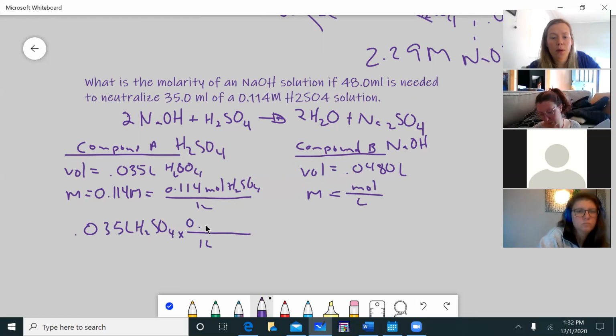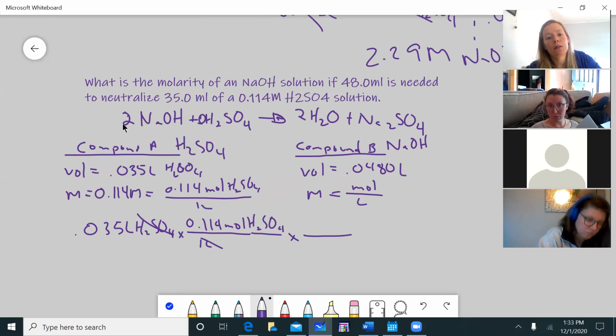So the 1 liter goes on the bottom, the 0.114 moles of the H2SO4 go on top. Say goodbye to liters. Then we use our coefficients, 1 to 2. Okay, so for every 1 mole of the H2SO4, we end up with 2 moles of the NaOH.